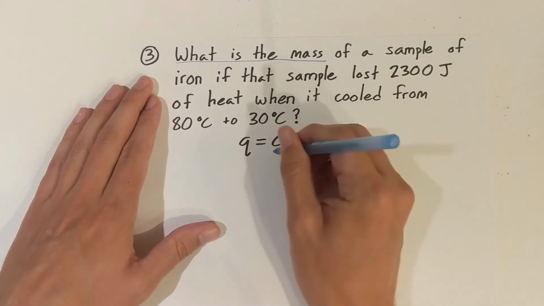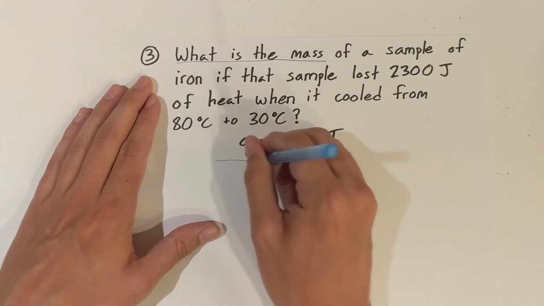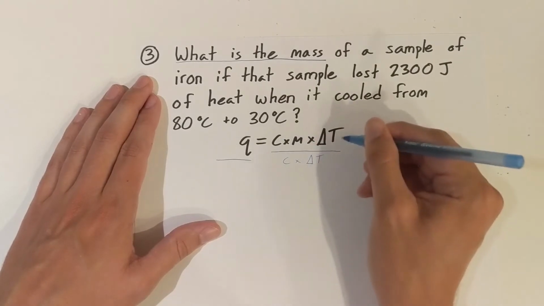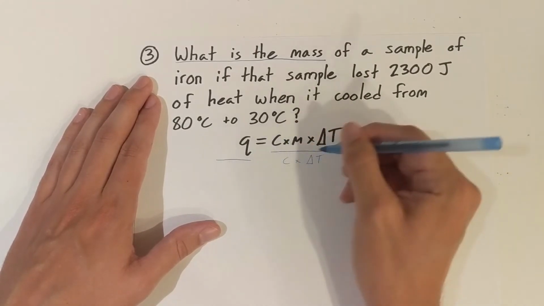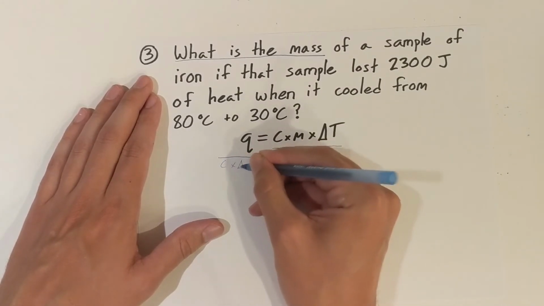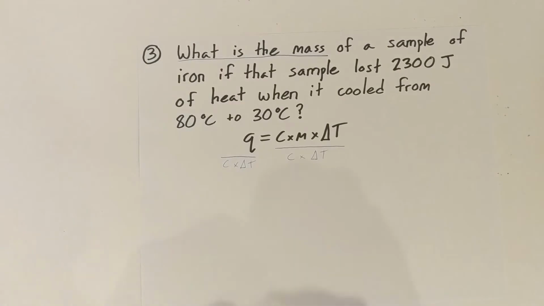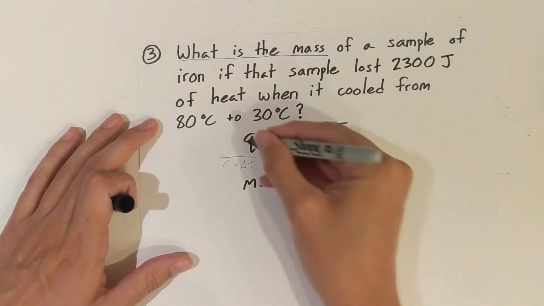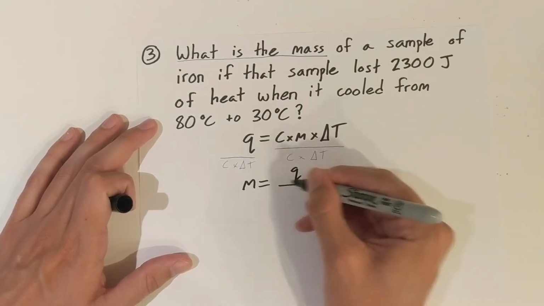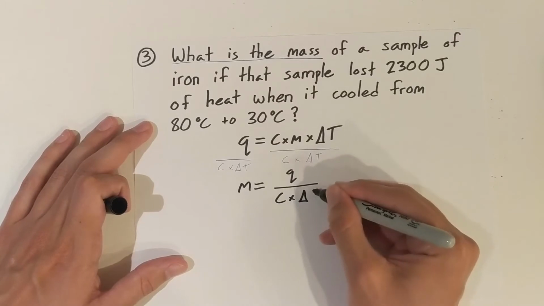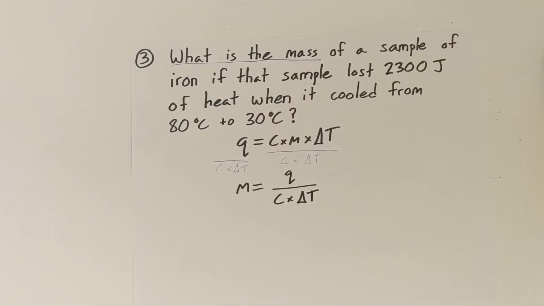So we're calculating for mass. And we could do that, again, just by dividing both sides by specific heat and change in temperature, because that will cancel those two out, leaving just mass on this side. And we got to do the same thing to both sides. So this would make our mass equal to Q divided by specific heat times our change in temperature. So now we got to calculate everything else.